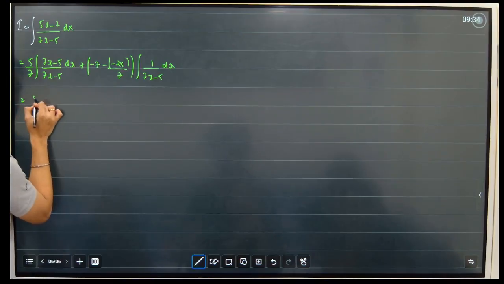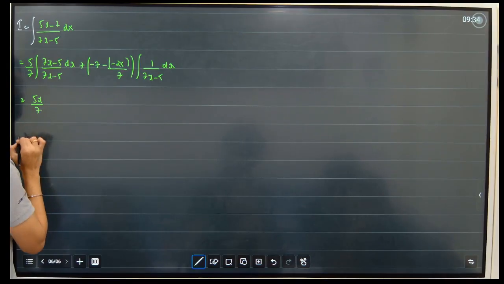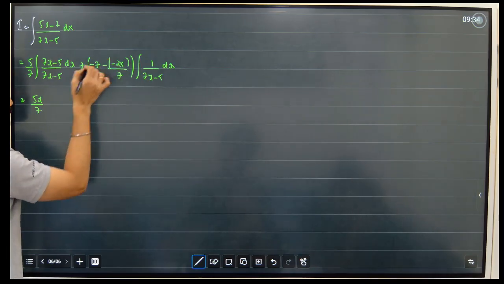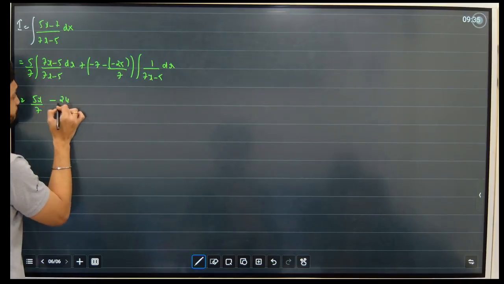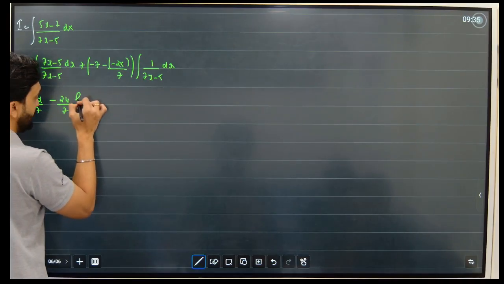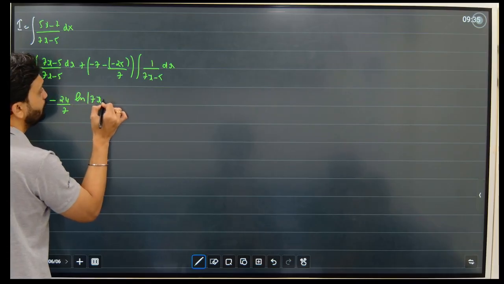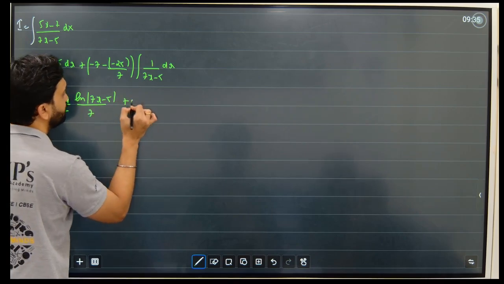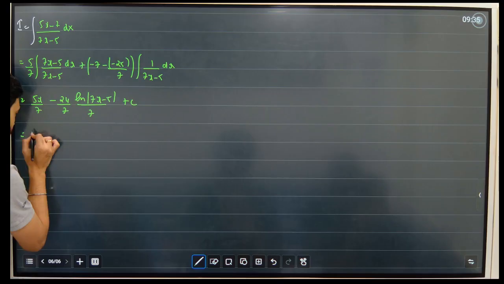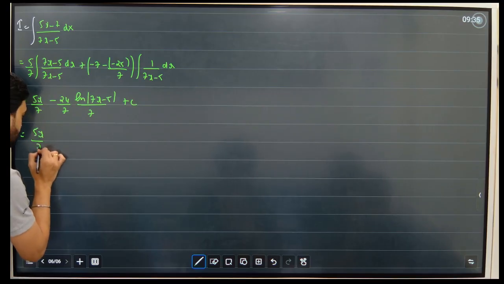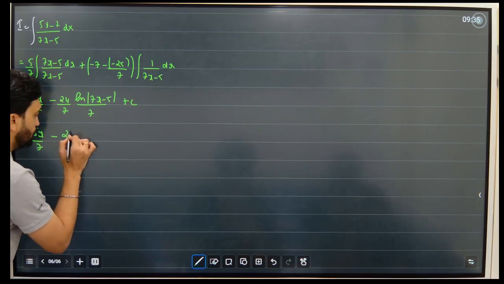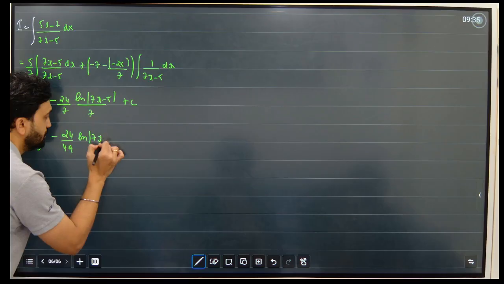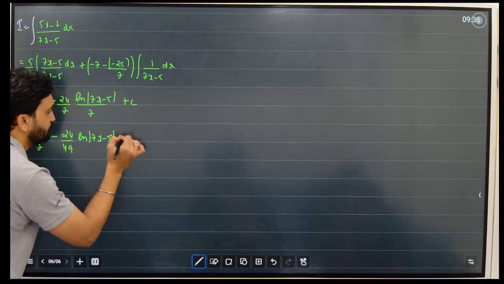This will become 5x by 7. If you solve this, 49 plus 25 will become minus 24 by 7 ln mod of (7x minus 5) by 7 plus c, which is equal to 5x by 7 minus 24 by 49 ln mod (7x minus 5) plus c.